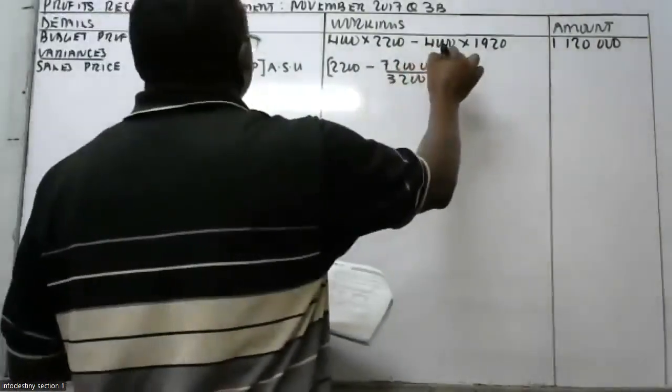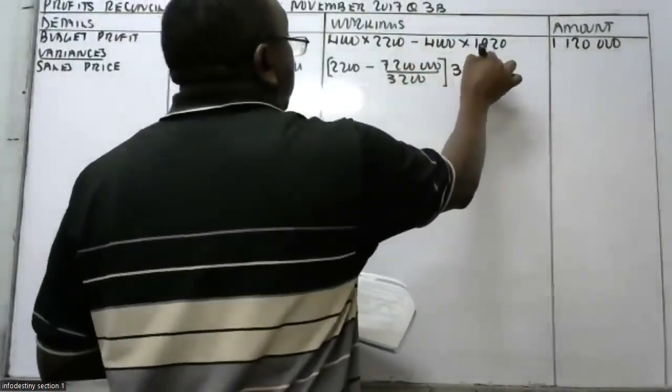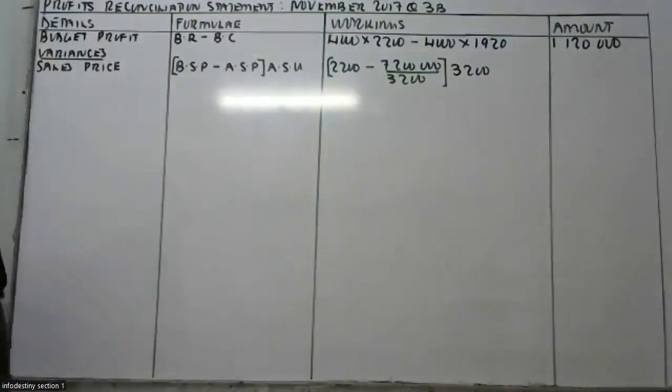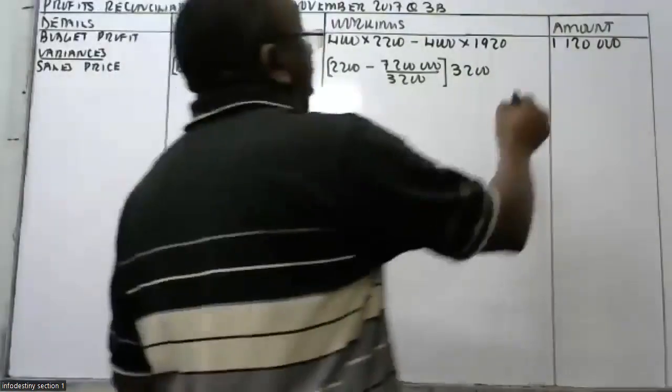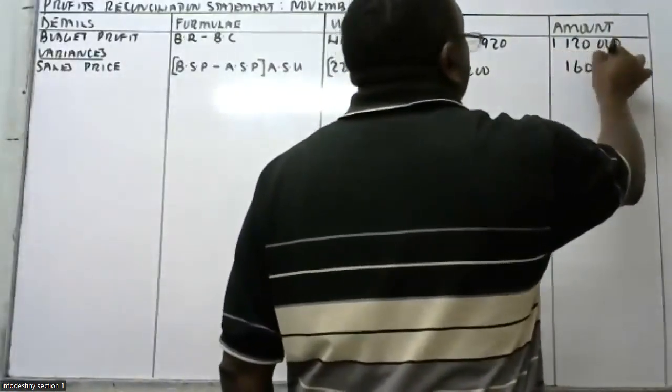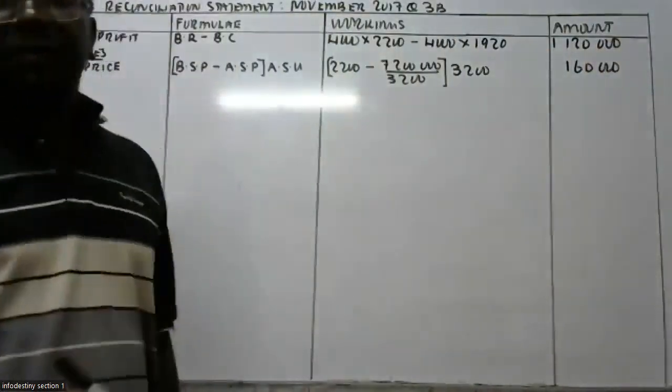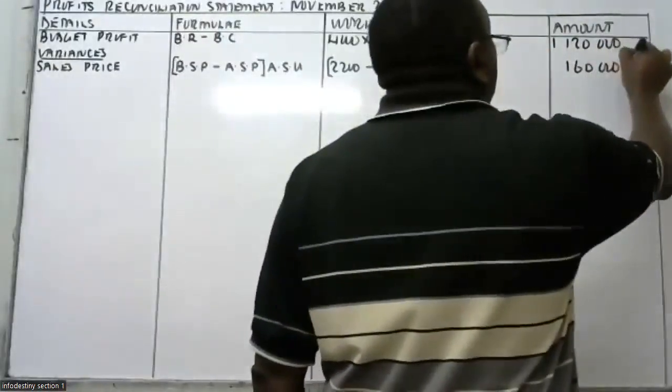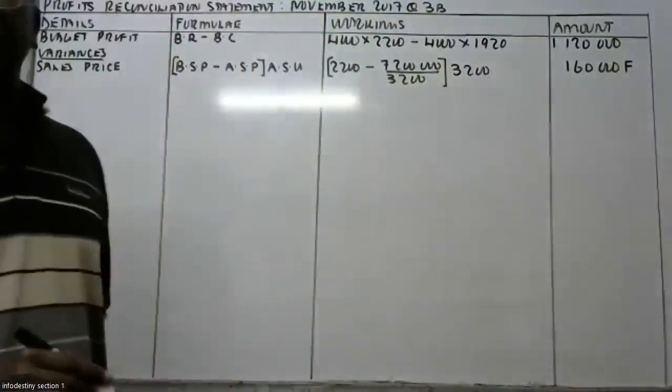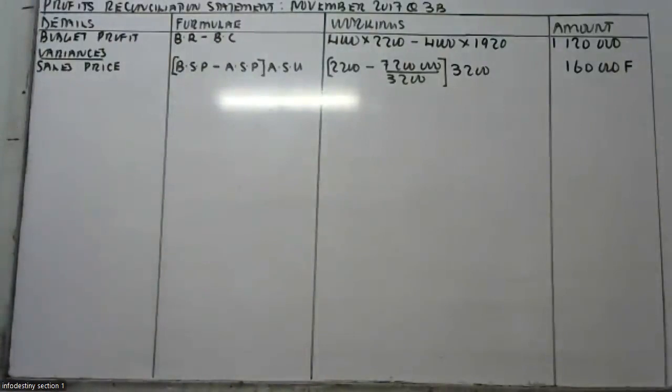You multiply this by the actual sales units, 3,200. So if you take 7 million, you divide by that 3,200, now 2,200 minus that answer times 3,200, I'm getting 160,000. And this 160,000 is favorable because the actual selling price was higher. It's favorable.